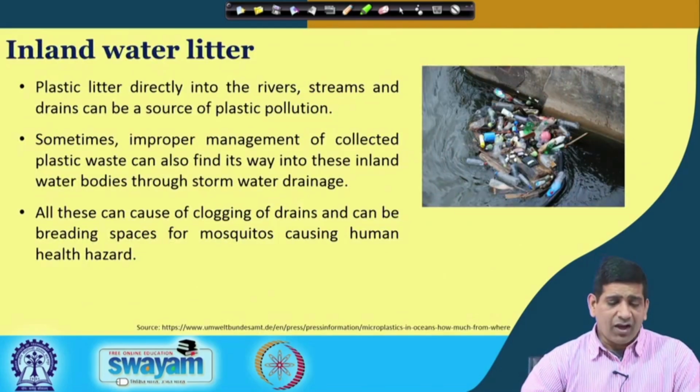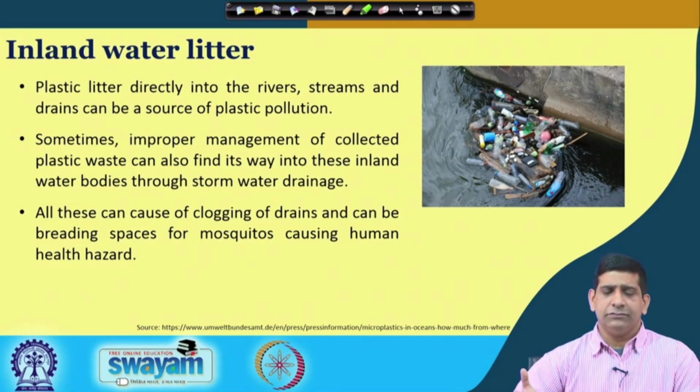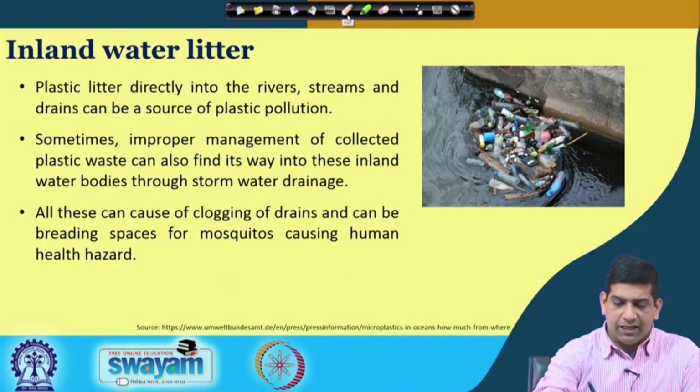Then many times you see that plastics getting into the water are not collected properly. So it will go into the rivers, streams and drains, and that creates plastic pollution.